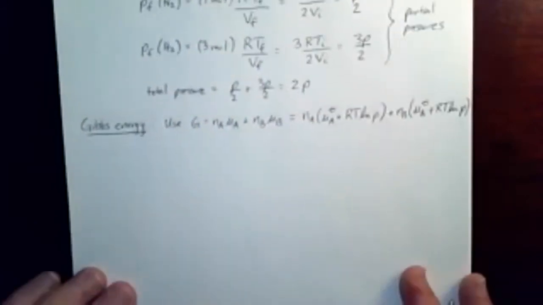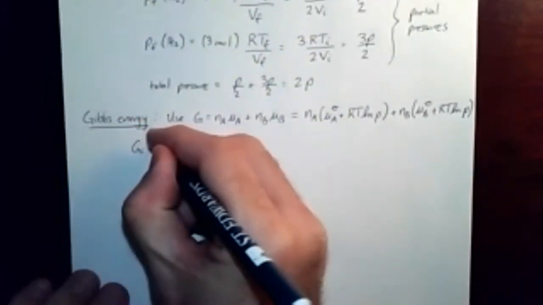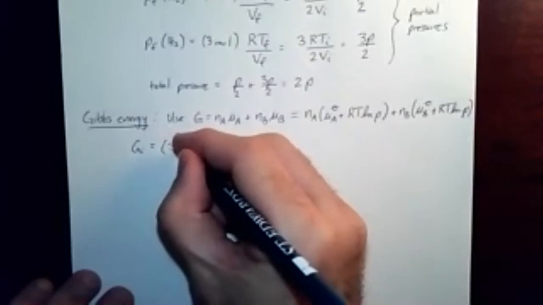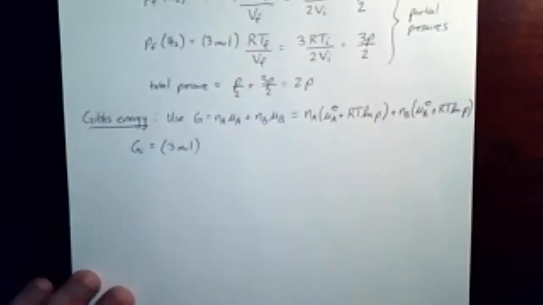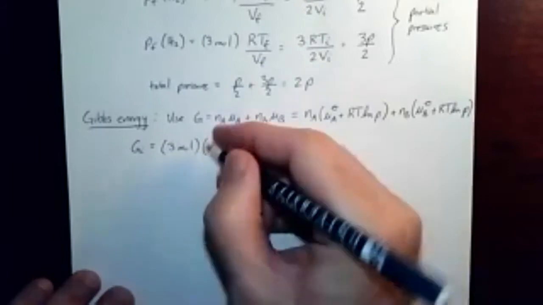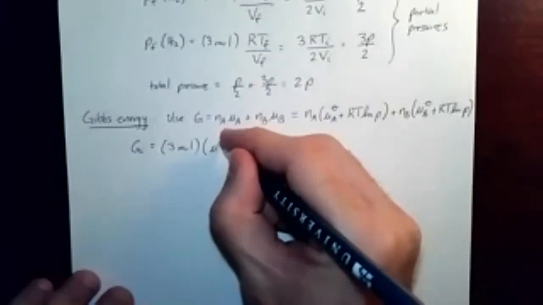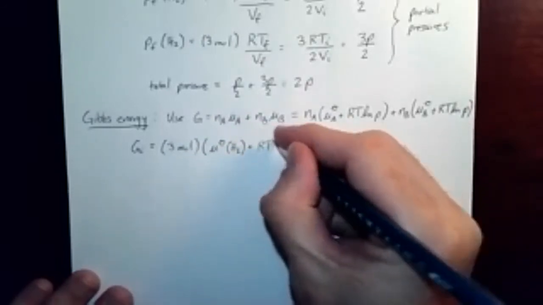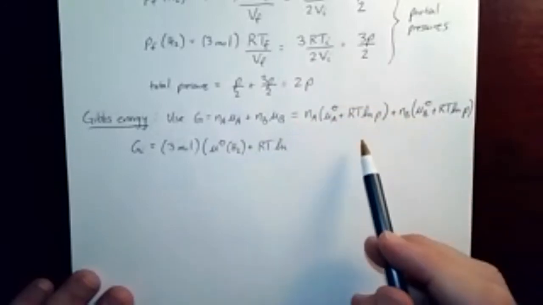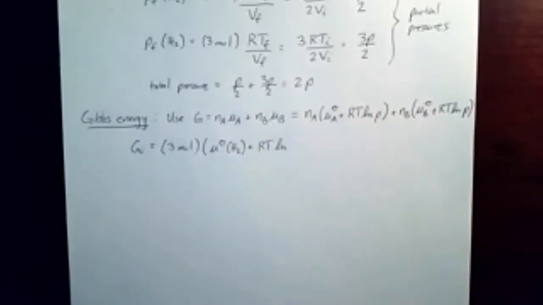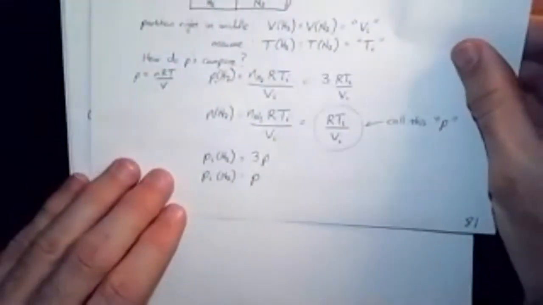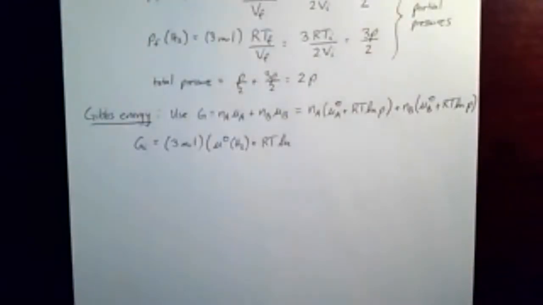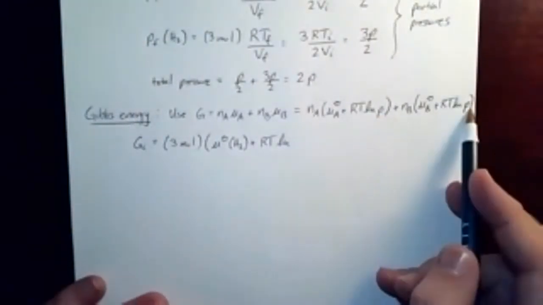Okay, so G initial. I'm going to use this formula here. So I have 3 moles of H2 times mu standard of H2 plus RT ln, and the initial pressure of the H2 gas was 3P, and the initial pressure of the N2 gas was P. I'm putting Pi in here right now for both of them.